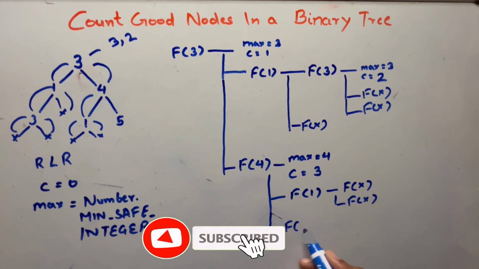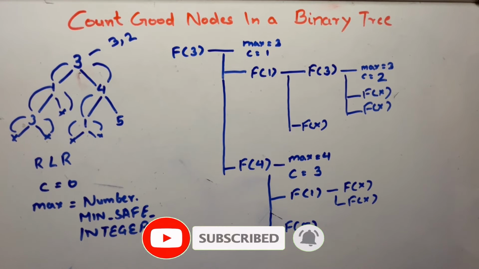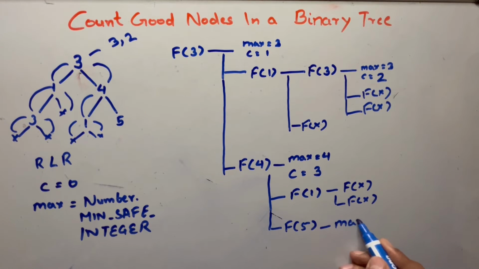Now 4 is calling for 5. Friends, once again it will check what the max was previously, it was 4. As it lies in that condition, greater than or equal to, so it is greater than max, so max will be updated to 5 and counter will be updated to 4.